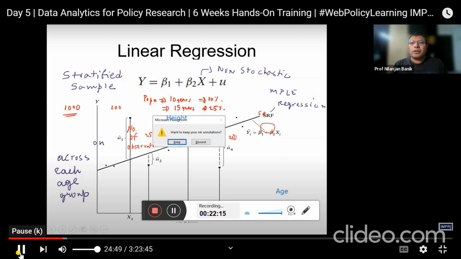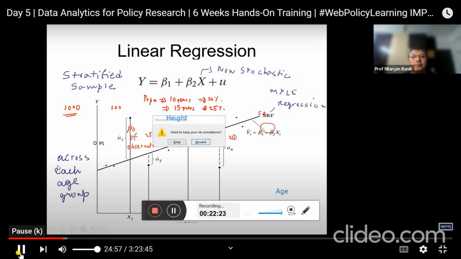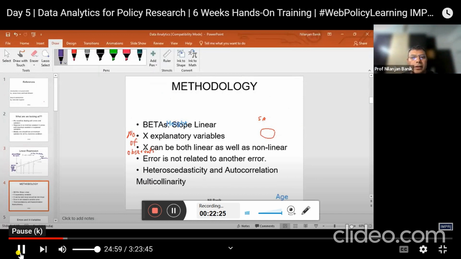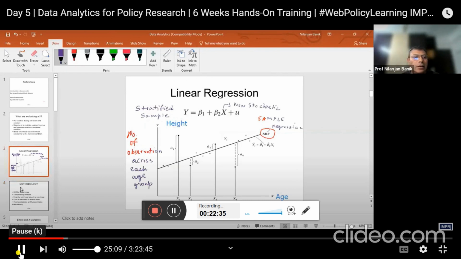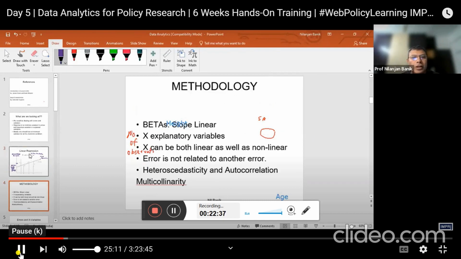So basically, what we are trying to do here, as I said, is this. Now let me ask the other question: why is beta linear?